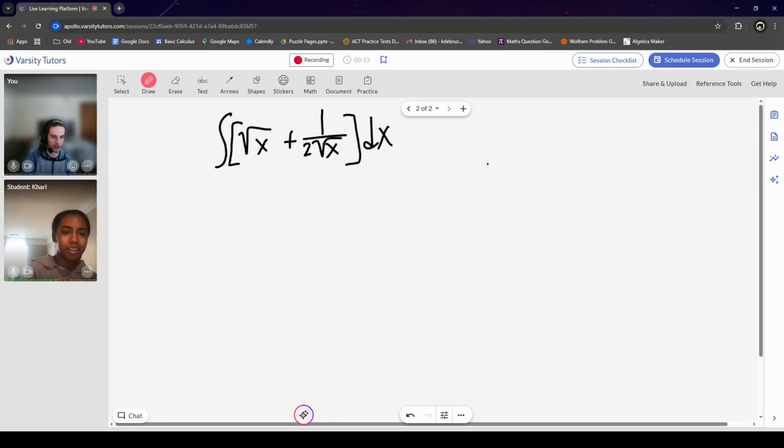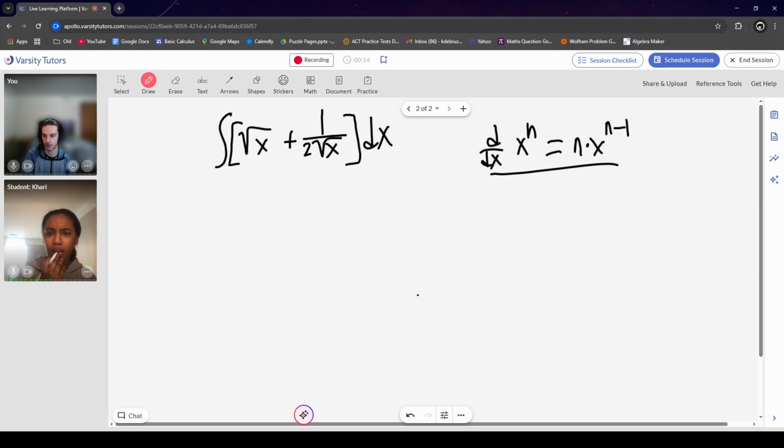Okay, yeah, I'm thinking of the chain rule. So the power rule when we're taking a derivative: if I take the derivative of x to the n, the power rule says that this derivative is equal to n times x to the n minus one. Is this familiar? Oh, yeah. So if we have x squared, the derivative is 2x.